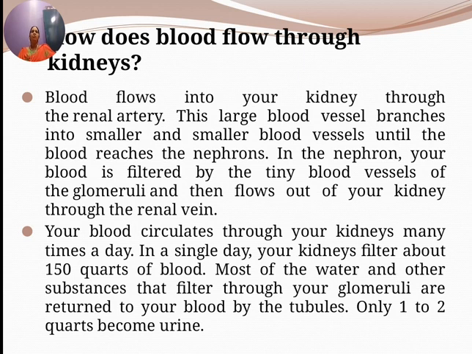Only 1 or 2 quarts become urine. Out of 150 quarts of blood, all the unwanted material is filtered out and only 1 or 2 quarts become urine. The remaining goes back into the blood after purification.